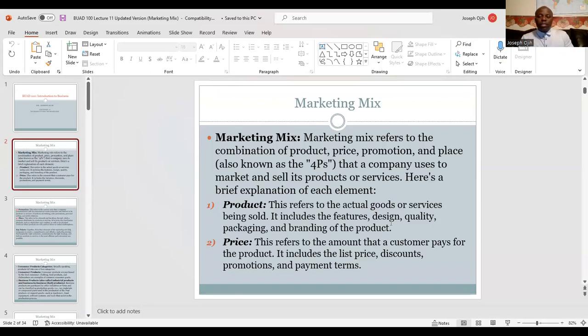Yes, as you can see from the screen, when we say marketing mix, we are referring to the combination of product, price, promotion, and place, otherwise known as the 4 Ps of marketing. So the combination of the product, price, promotion, and place that the company uses to market and sell their products or their services, that is what we call marketing mix.